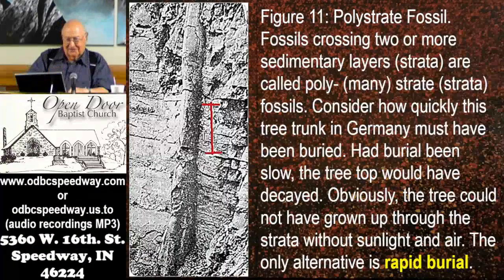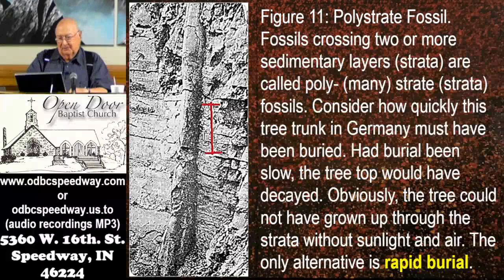You'd have a little tiny thing. So this red line, that's 1 meter. You see the relative size. The tree top would have decayed. Obviously, the tree could not have grown up through these stone layers without any sunlight and air. So the only alternative is rapid burial.